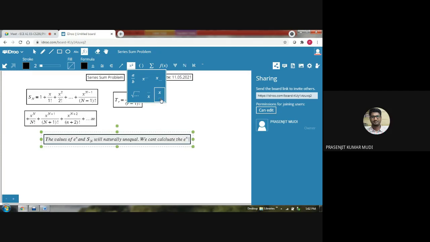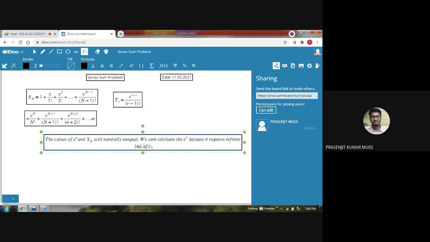E to the power x requires an infinite number of terms to be summed by a digital computer, which is not possible.